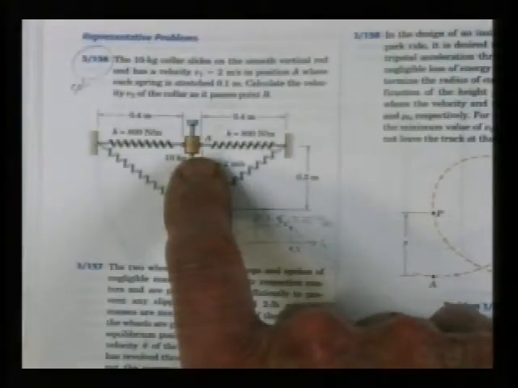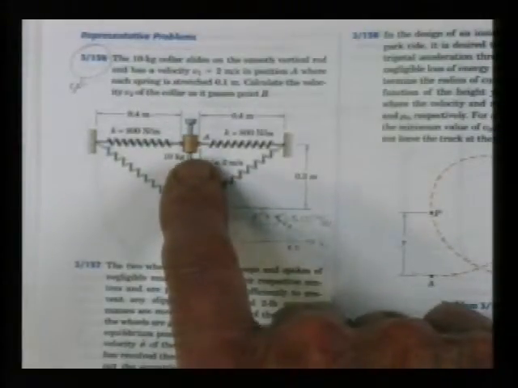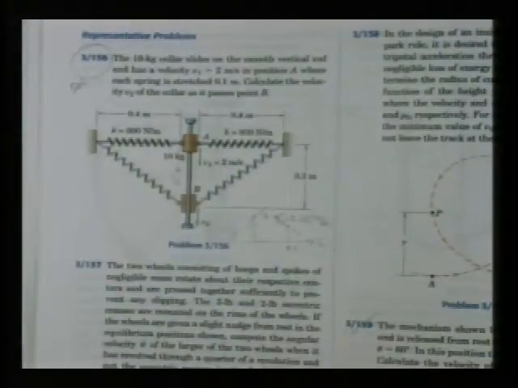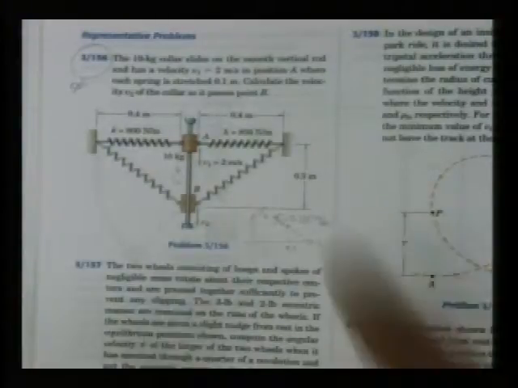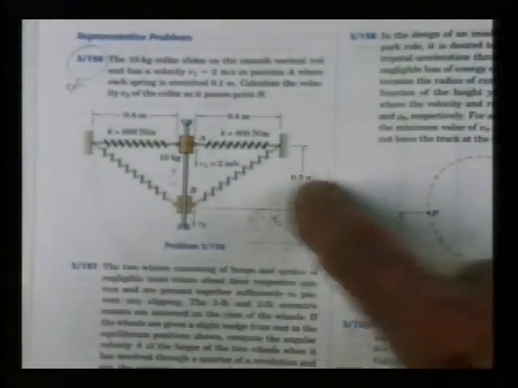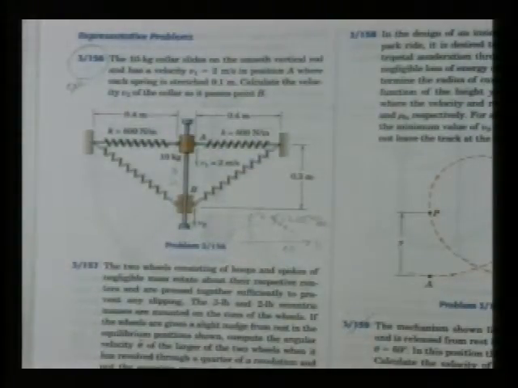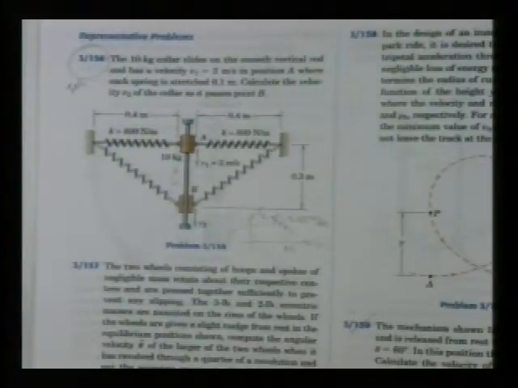So there's already some stored energy in the spring, right at that spot, the way this thing was set up, and the 10 kilogram mass has some downward velocity. So the question is, calculate the velocity of the collar as it passes point B. Point B is 3/10 of a meter below the horizontal position. The springs carry 800 newtons per meter stiffness. Okay, so that's the question.